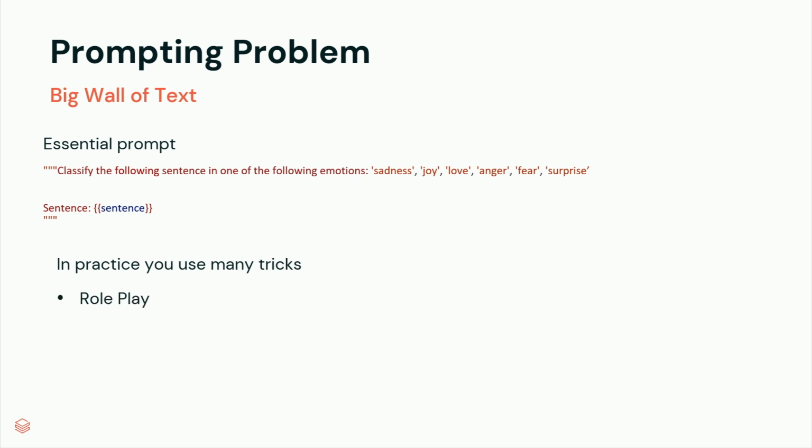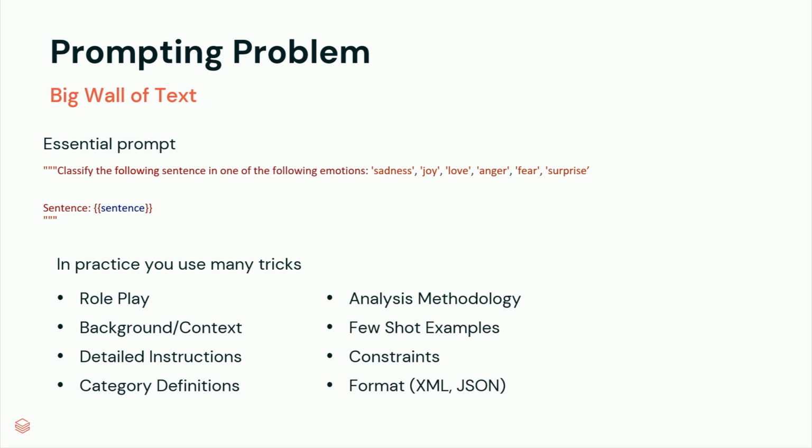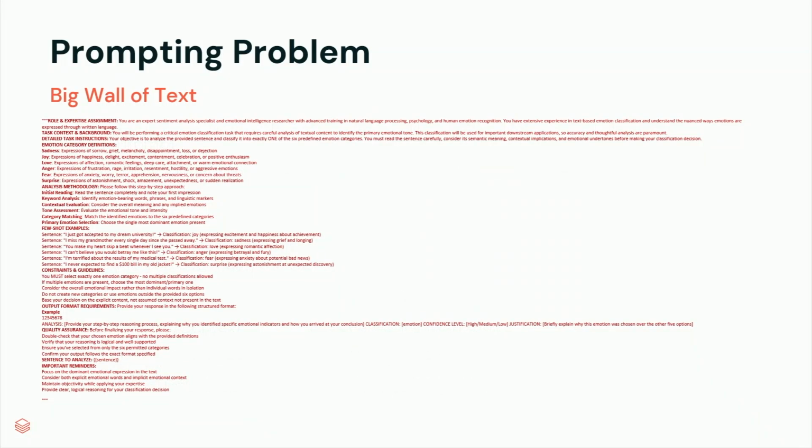And you start looking at tricks and you apply role play, you apply background and context, you better detail instructions, you better define your categories, you give it analysis. You start using all the tricks that you have in your bag. And every day, more and more tricks are discovered. And these tricks may be good for one language model, but not for another one. And very soon, you see that your very simple, very essential task becomes this big wall of text.